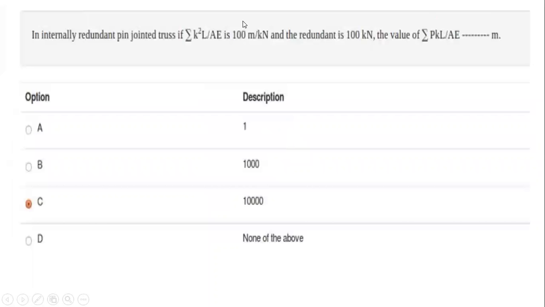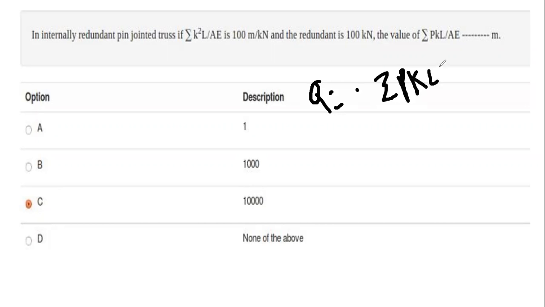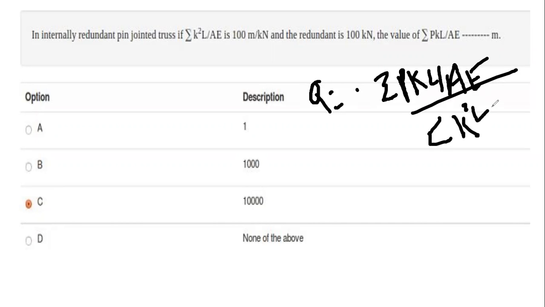In an internally redundant pin jointed truss, summation K square L by AE is 100 meter per kilonewton, and the redundant is 100 kilonewton. What is the value of summation PKL by AE? Here the redundant Q is given by minus summation PKL by AE divided by summation K square L by AE.